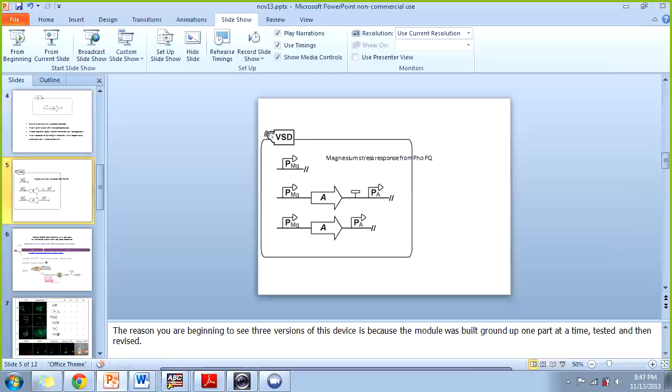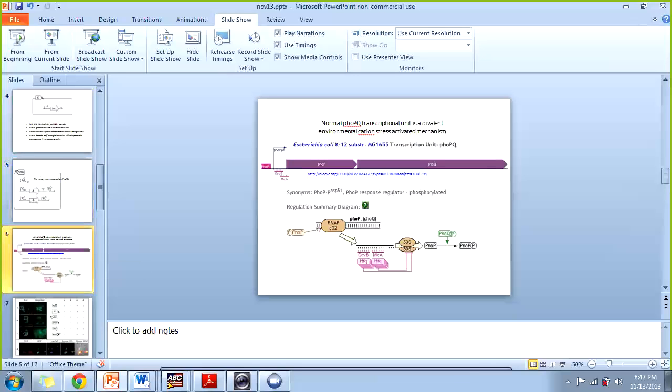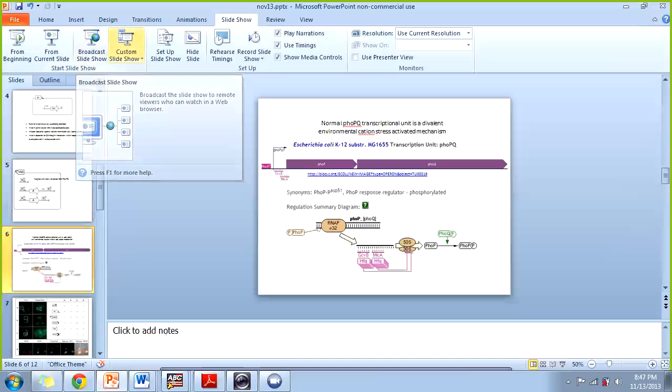Various systems were tested with magnesium stress response promoters. The stress response promoter was taken from PhoPQ, a transcriptional device. PhoPQ regulates homeostasis of a cell if it's missing divalent cations.